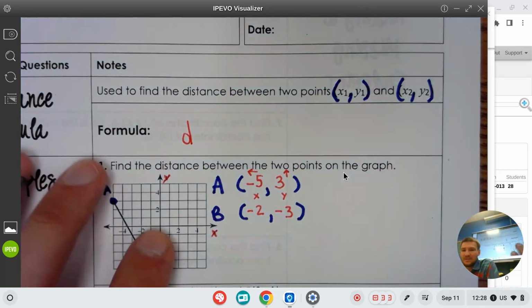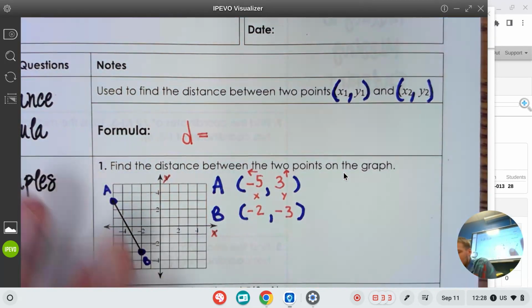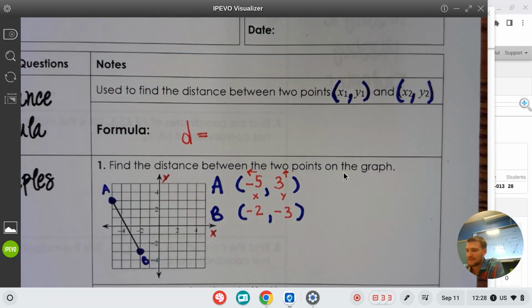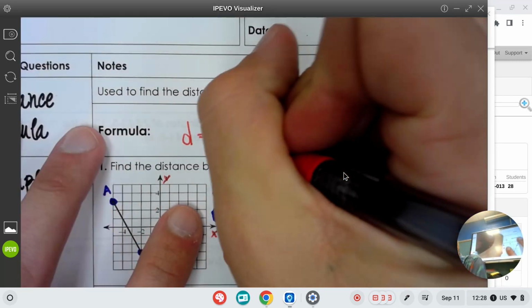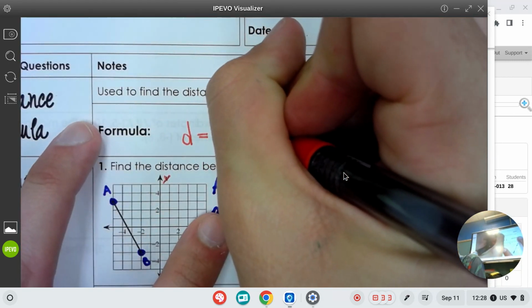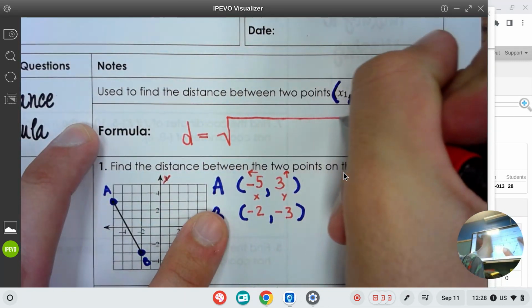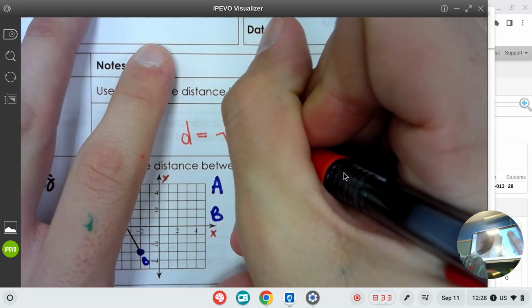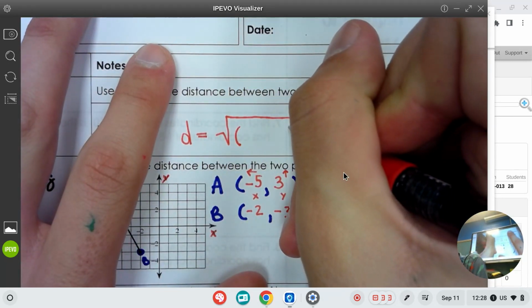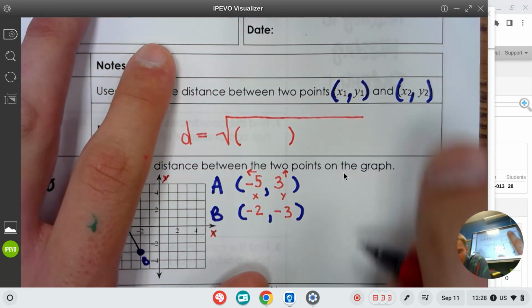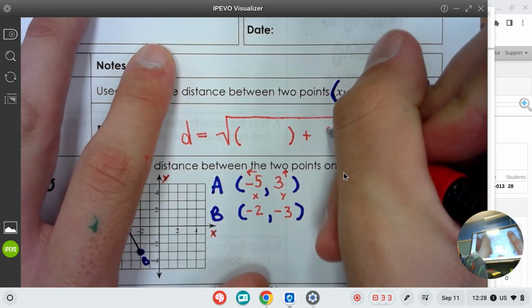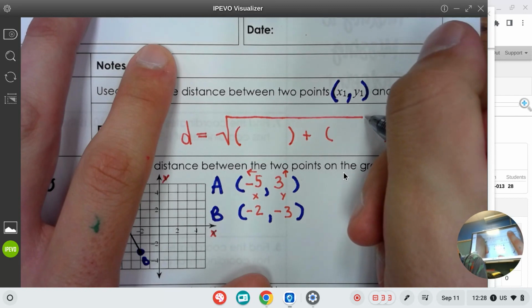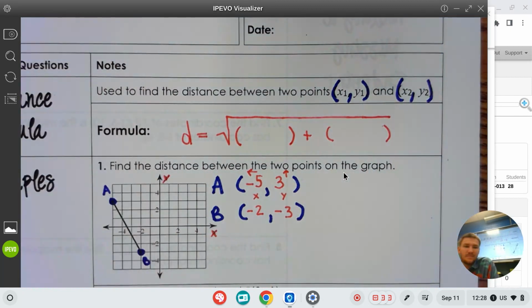distance, which is a lowercase d. Geometry loves the very specific uppercase and lowercase. Is going to be the square root, and it's going to be a big square root. Maybe it's starting to come back in your mind a little bit. Okay? We're going to do big parentheses plus a big parentheses, giving ourselves lots of room.